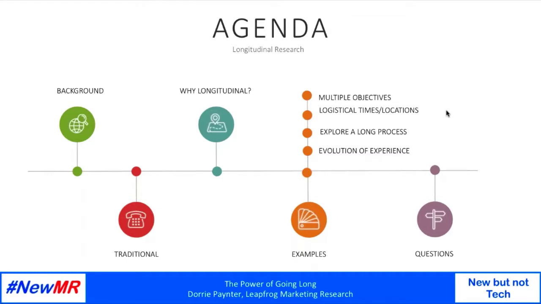So when Ray asked me to talk about something that was new but not technology, I had to give it some thought, as it seems like so many developments in research these days are driven by technology. But I realized that one significant shift in my mindset over the past few years is to think longer term when I'm designing studies.